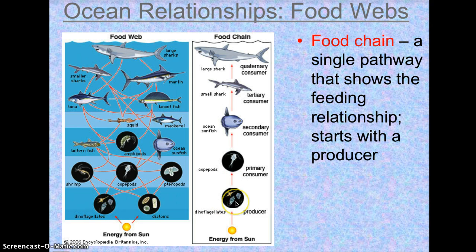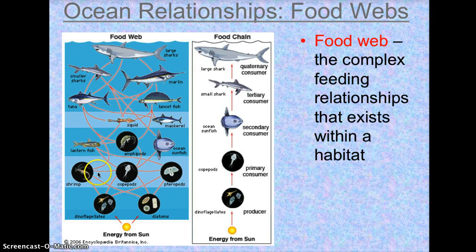So first you have the dinoflagellates that get their energy from the sun, and then when the copepods eat the dinoflagellates, they get their energy from the dinoflagellates, and on it goes. Okay, each one is eating each one until you get to the top of the food chain, in this case the large shark.